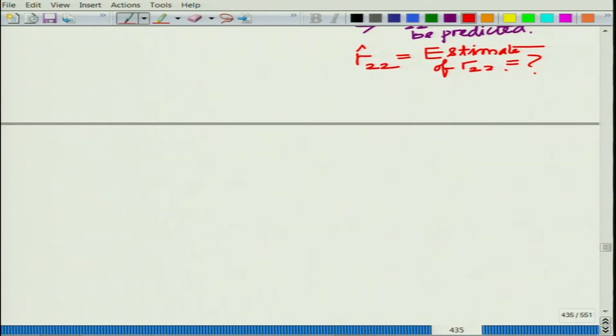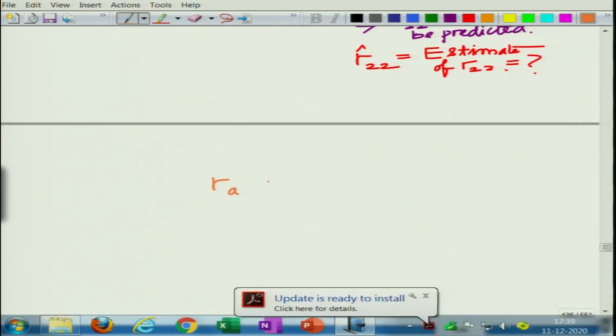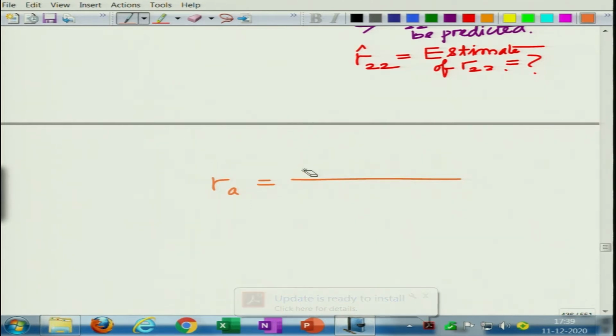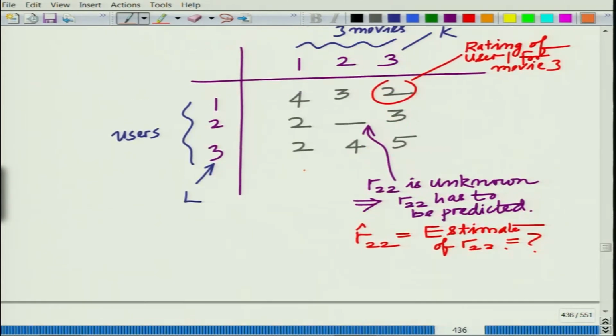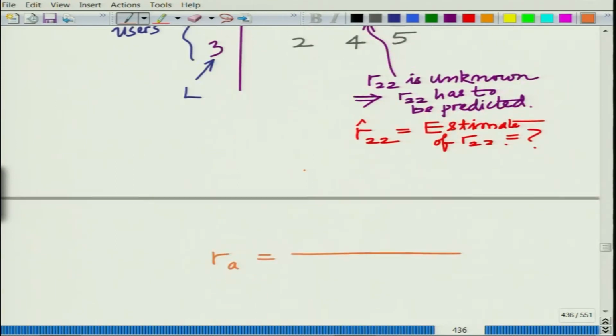Okay. Now, the first step is, as I told you, to find the overall bias, that is your R bar, which is equal to, for instance, take all the ratings that are there, which is basically the sum of all the ratings, and divide by the total number of ratings, which you can see is 8.